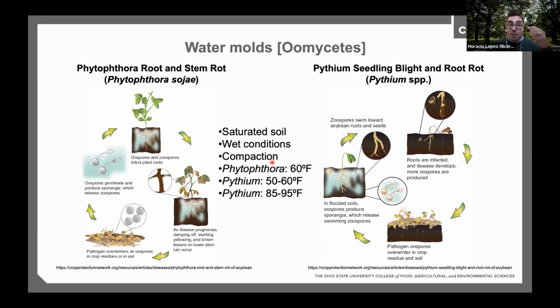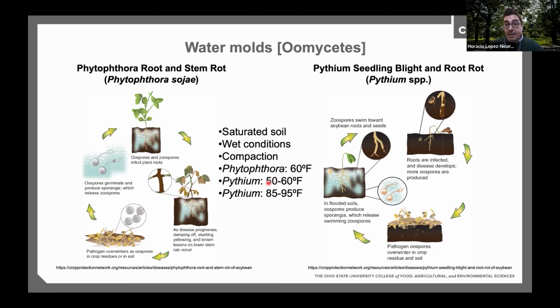Compaction will also be a problem. Recall that compaction was also a problem for SDS, wet conditions. But this is what I want us to focus on. If we have Phytophthora in that field, Phytophthora will do very well at 60 degrees at infecting and causing problems. We will probably also have different species of Pythium that do very well at low temperatures, a very cool spring.